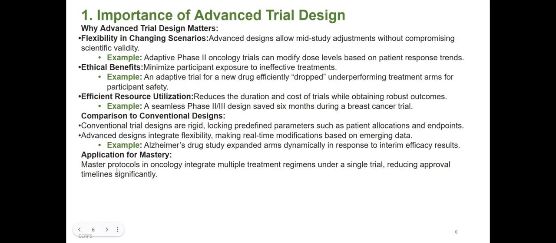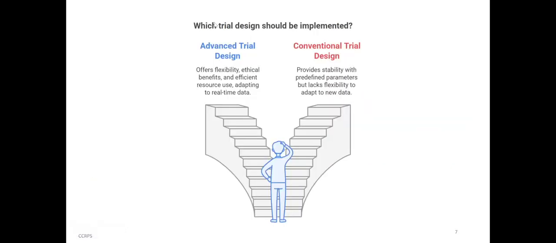Application for mastery: master protocols in oncology integrate multiple treatment regimens under a single trial, reducing approval timelines significantly. And here's a simple diagram explaining which trial design should be implemented between the advanced trial design, the flexible one, and the conventional trial design that is rigid.